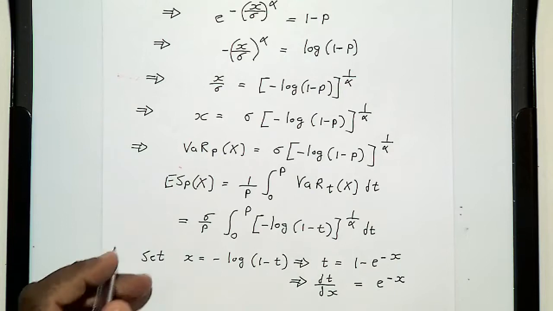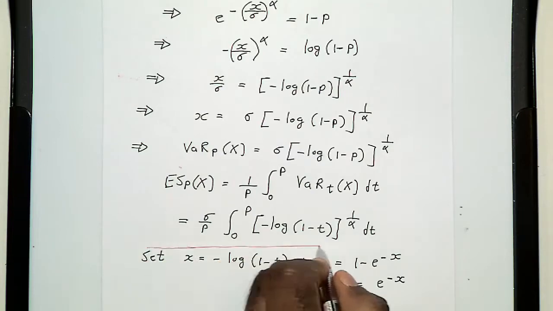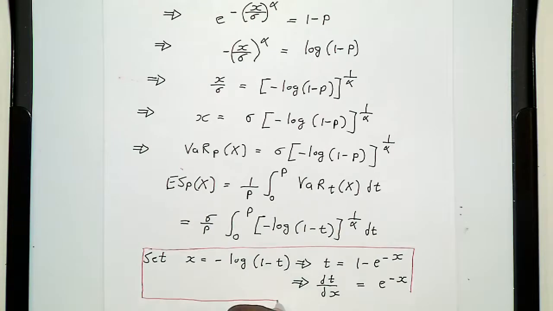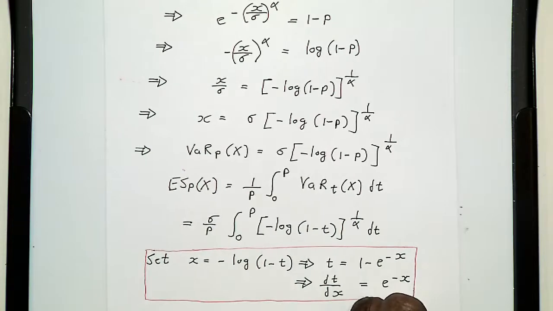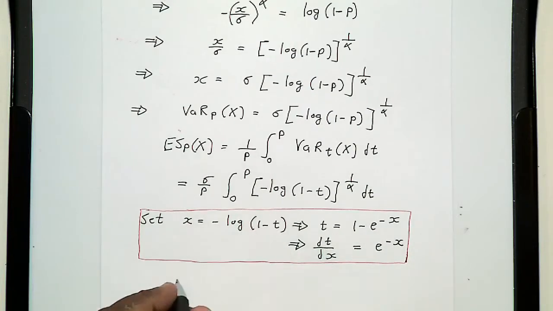Right, so let's put this in a box. You should substitute this into the integrand. You get sigma by p.